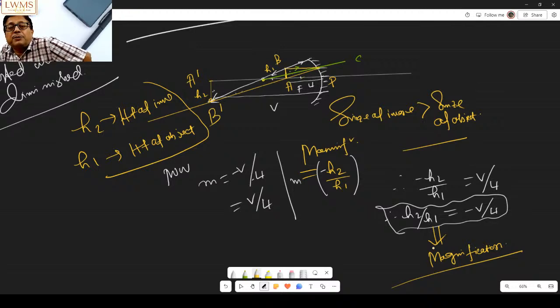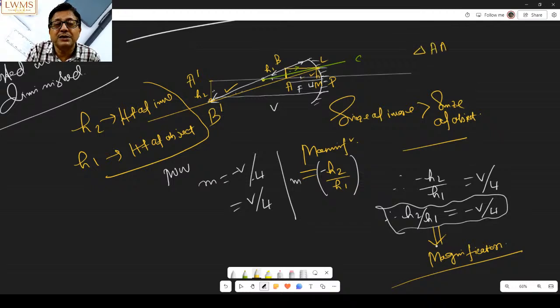So this is another task for you. You will prove how these two are similar. Actually, similarity you don't have to think. You draw a perpendicular here, then you prove these two similar. From there you can get it easily. These two triangles are similar. If you draw a perpendicular, this point of incidence be L. I am showing you triangle A dash B dash M similar to triangle ALM.